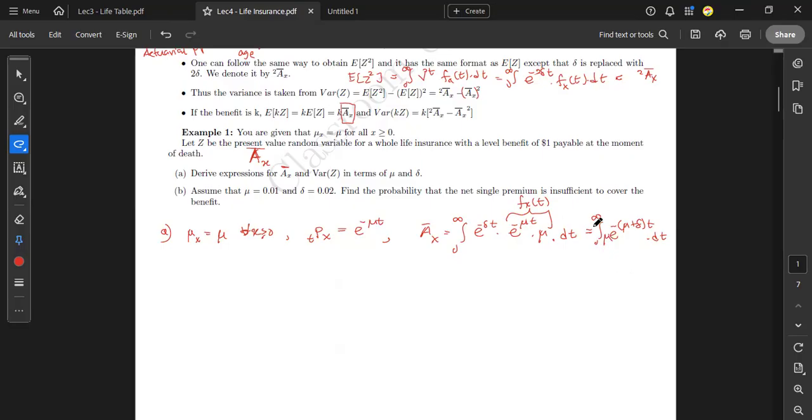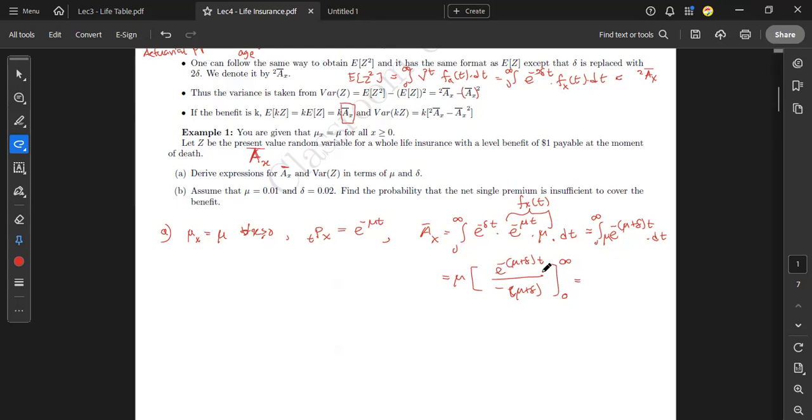So now we have a familiar exponent function, and you can take mu out of that. And for this one, it's e to the power negative mu plus delta times t, over mu plus delta. The limits go from 0 to infinity. And we know that if t goes to infinity and the exponent is negative, that means the exponent goes to 0.